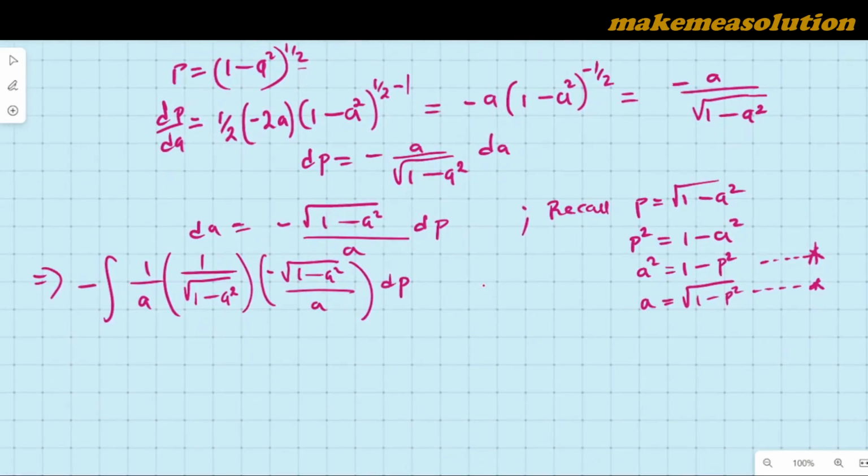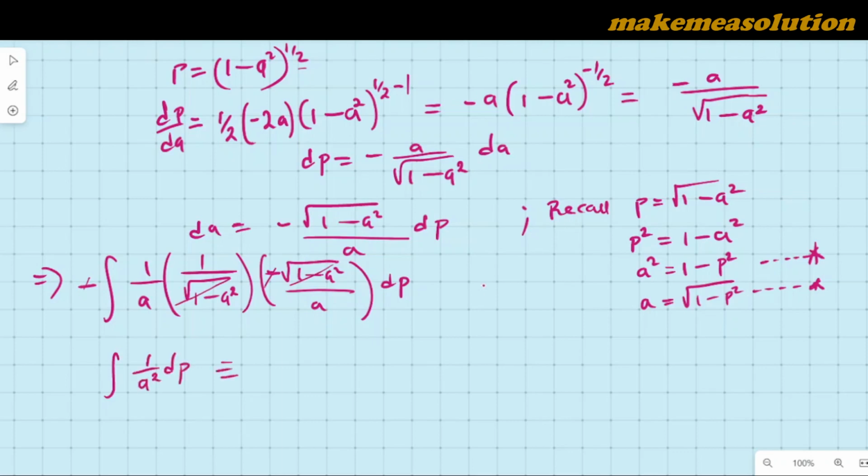So what happens, we'll do some cancellation. This minus sign inside here is going to cancel out this one outside, so we are left with 1 over a squared dp.